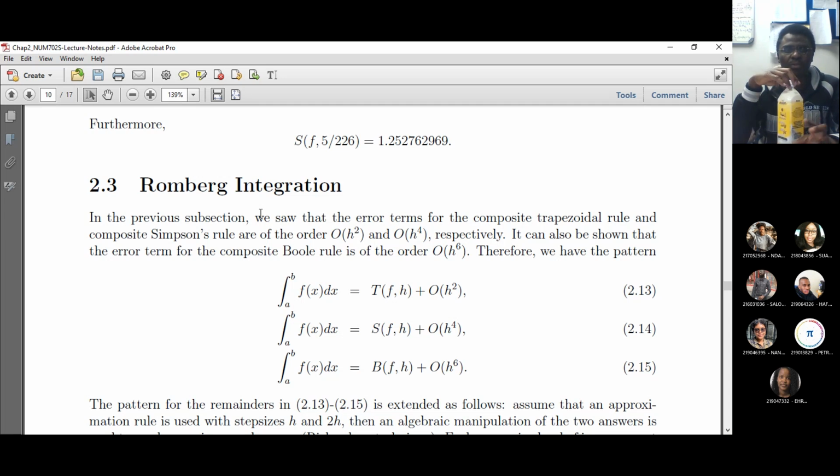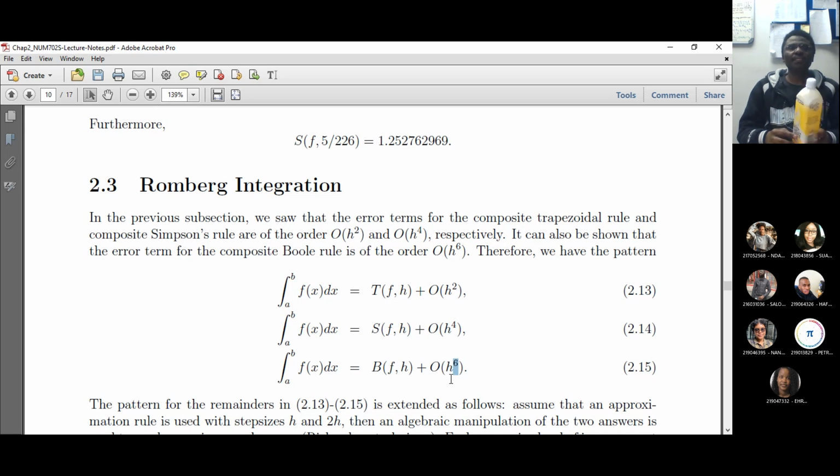Meaning that each time you apply those rules, this is what you will get: second order accuracy for the composite trapezoidal rule, fourth order accuracy for the Simpson rule, and sixth order accuracy for Boole's rule. In other words, you cannot modify that order of accuracy if you apply the formula directly. It will be like that.